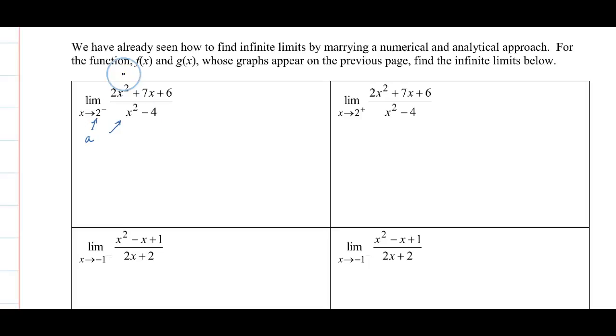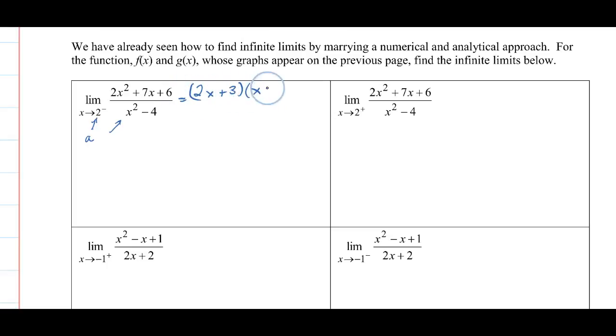I would start by factoring to find out what factors will not cancel. If I were to simply plug 2 directly in, I would get an undefined 0 in the denominator. So we'll factor these and get 2x plus 3 times x plus 2 over x plus 2 times x minus 2.